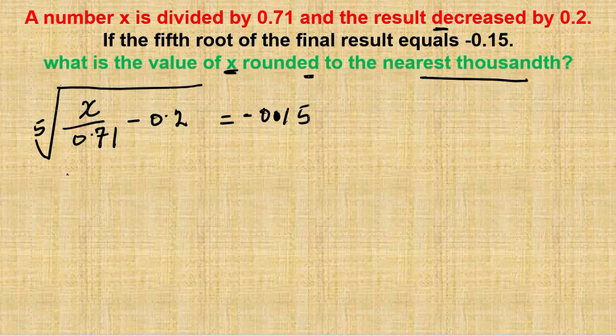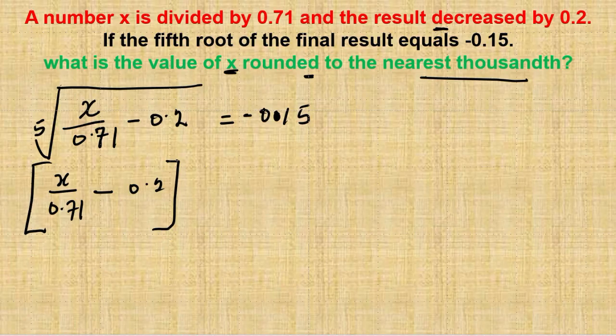To rewrite it in indices form, I'll write this as (x over 0.71 minus 0.2) all raised to the power of 1 over 5 equals negative 0.15.